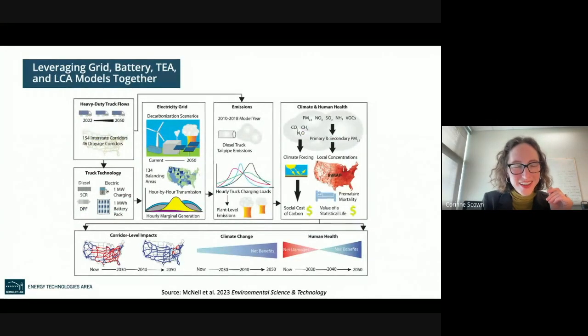Okay, so this was another study along the same lines, but instead of stationary energy storage, we were interested in trucking. Basically, when and where does it make sense to electrify one of the hardest things to electrify in freight, which is heavy duty, long haul freight.